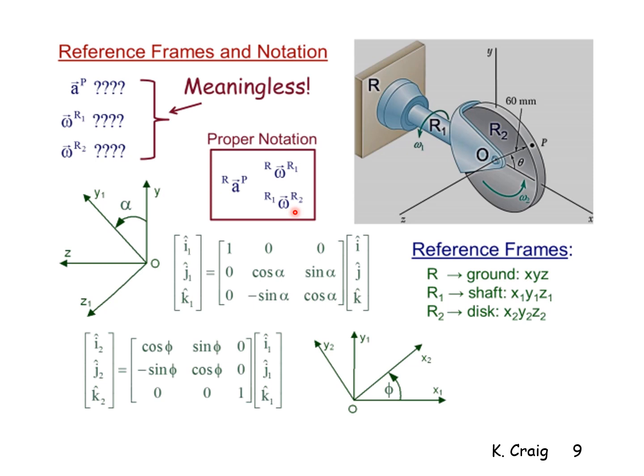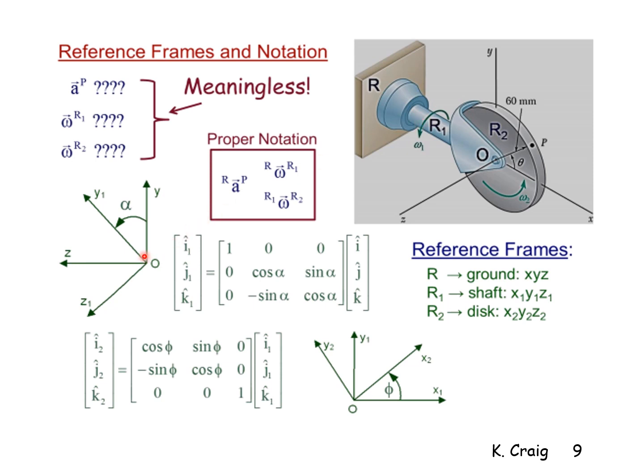We attach unit vectors to our XYZ coordinates. So as you can see here, when I talk about the XYZ coordinate system and the X1, Y1, Z1 coordinate system, one has what we call simple angular motion with respect to the other. The shaft is rotating about this x-axis, which doesn't change in orientation with respect to ground or with respect to R1.